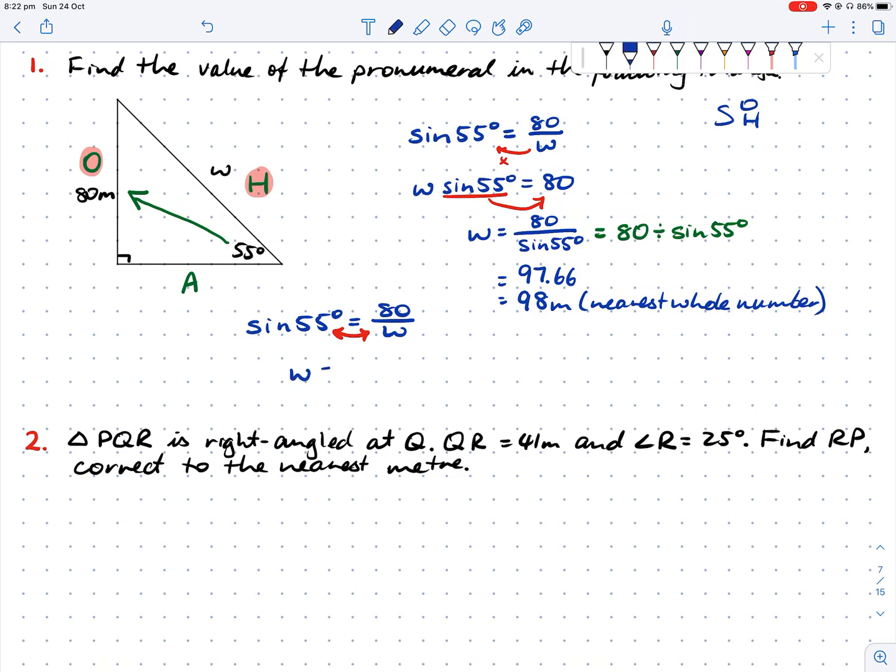Then you can go straight to W equals 80 over sine 55, and put that in as a division to make life a little bit easier for you as well. So what we did in 2 steps here, we can look at as a swap, which then becomes 1 step.